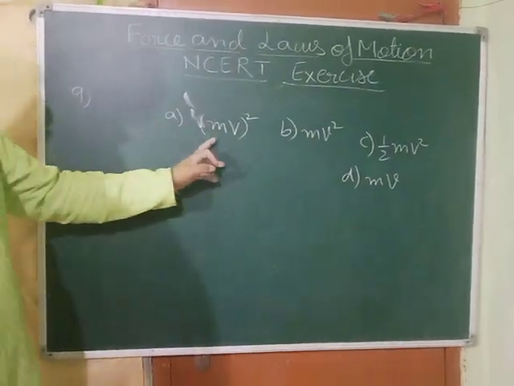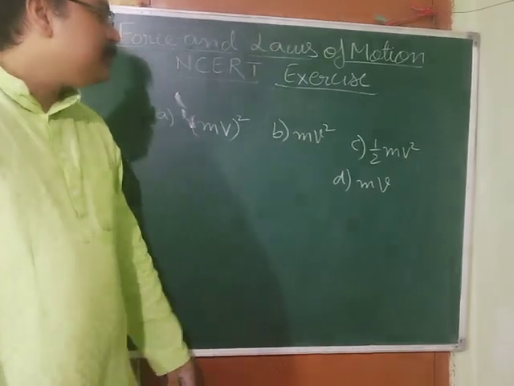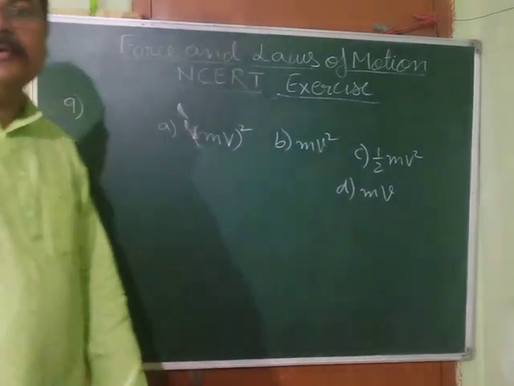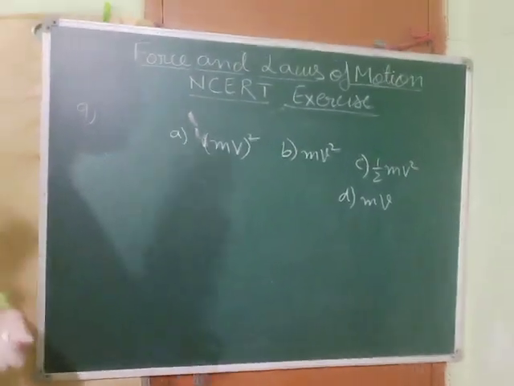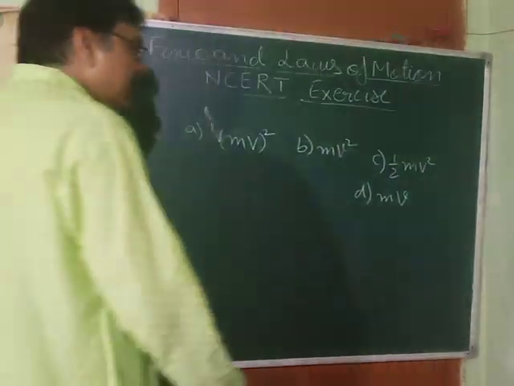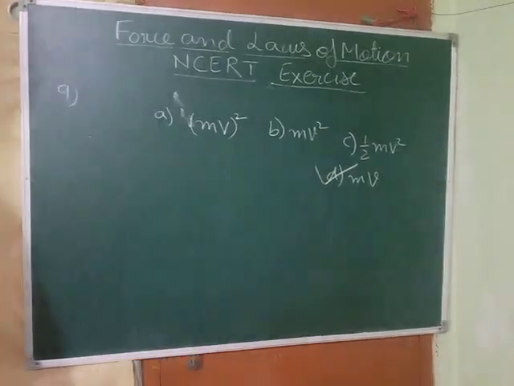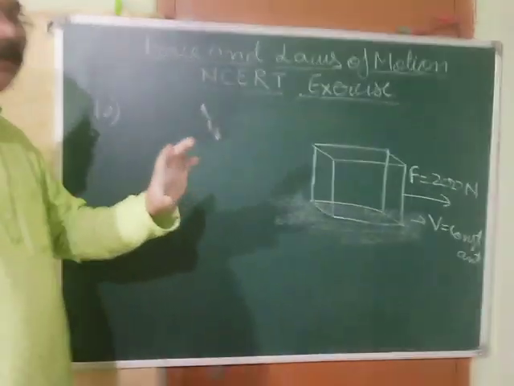Option A is (mv) whole square, second is mv square, third is half mv square, fourth is m into v. Which one is correct? The formula of momentum, obviously the fourth one is correct. Note it down.